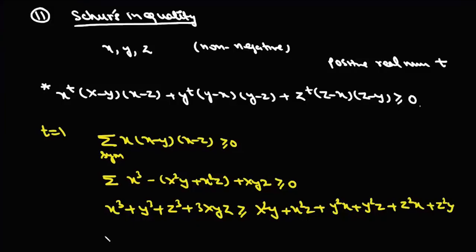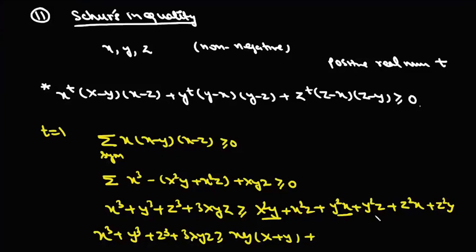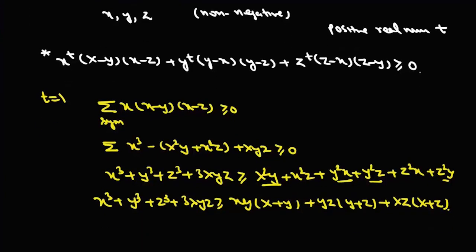Now we can rearrange this right hand side: if we take these two together we can write xy into x plus y, taking these two yz into y plus z plus xz into x plus z.